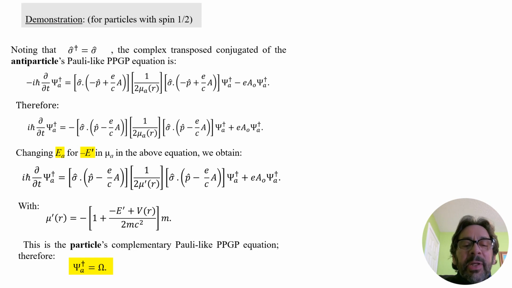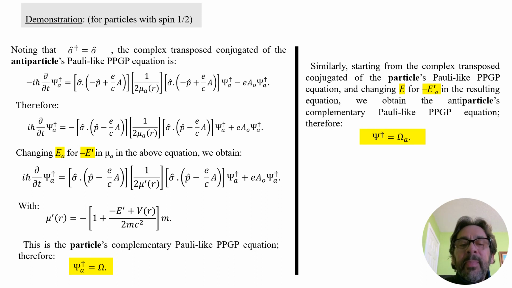This is the particle's complementary Pauli-like PPGP equation. Therefore, we have obtained a relation between the exotic state for the particle and the common state for the antiparticle. They are related through the operation of complex transpose conjugate.